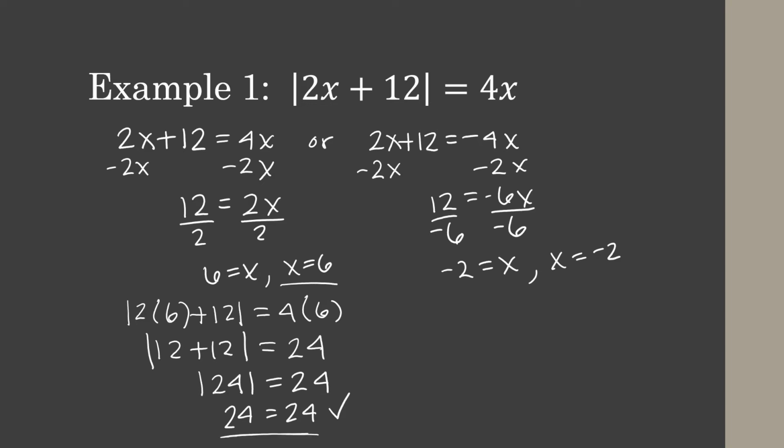24 equals 24. Let's try x equals negative 2. When we plug in negative 2, we want to definitely make sure we're using parentheses because we have a negative in there. We don't want to think of this right-hand side as 4 minus 2. It's 4 times negative 2. Now we can go ahead and start to simplify.